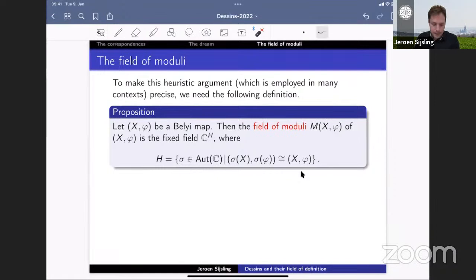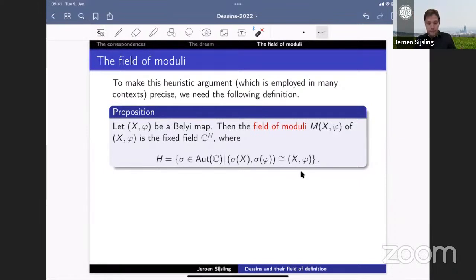Okay, so we're going to look at the Belyi map, so this pair x, phi. And I'm about to define the field of moduli. You look at all the automorphisms of C, I call them sigma, with the property that if I apply sigma to the defining coefficients of both x and phi, so if I look at my conjugated Belyi map, then it should be isomorphic to the original in the sense described before, so that you can make this triangle commute.